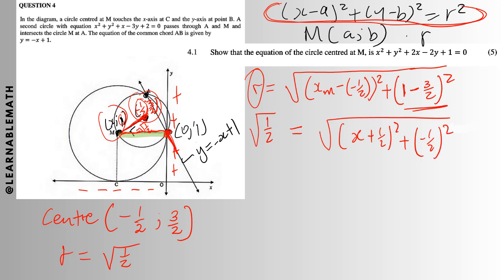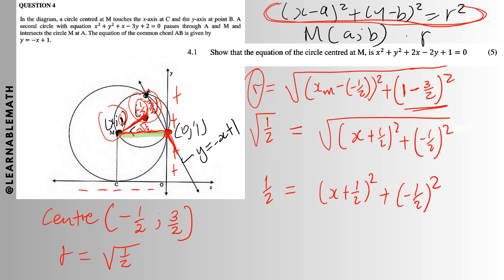squared. Okay, to cancel the square root, I can square both sides. I'll just have 1 over 2 is equals to x plus 1 over 2 squared plus minus 1 over 2 squared. Okay, then you can go and expand and finally solve for x, right? At the end, when you solve for x here, guys, because of time, I'm not going to expand and all that, but you're just going to go and expand.